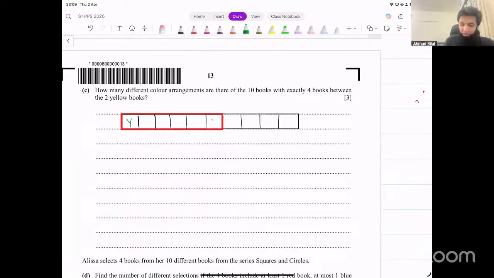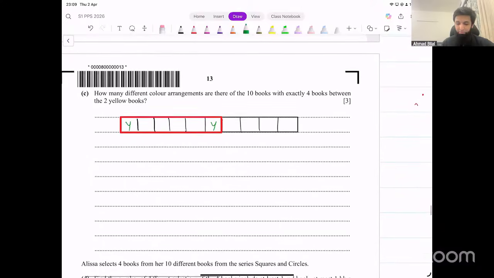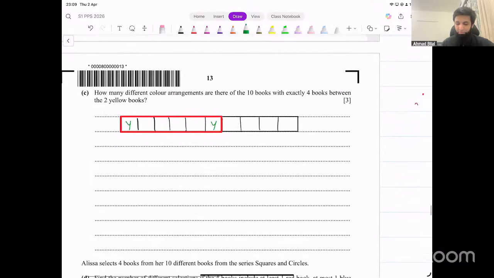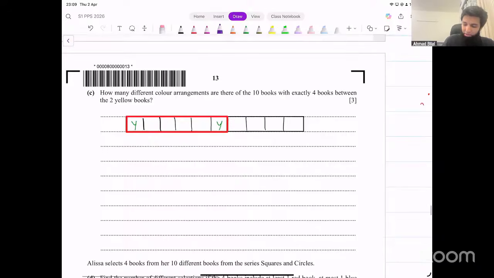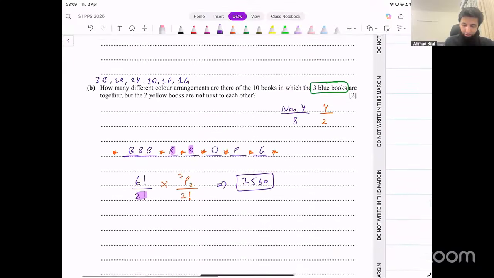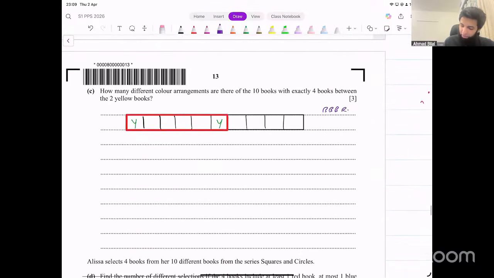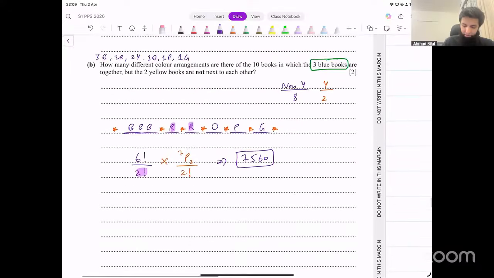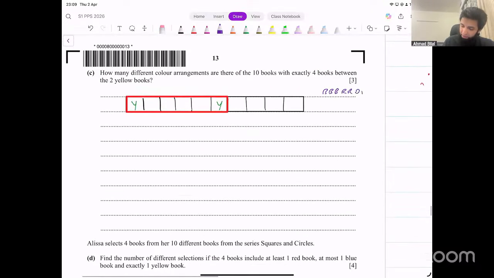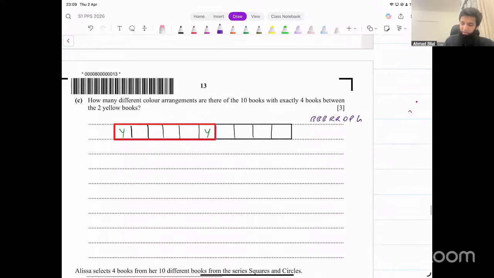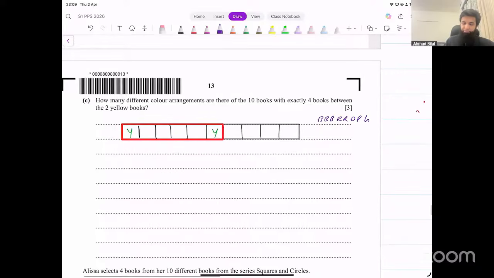We've got 1 yellow book here, another yellow book here at the 2 ends. The other books are 3 blue, so we've got B, B, B, and red, red, and the other 3 are different. These are the remaining books. Books of the same color, we're considering them identical, right?